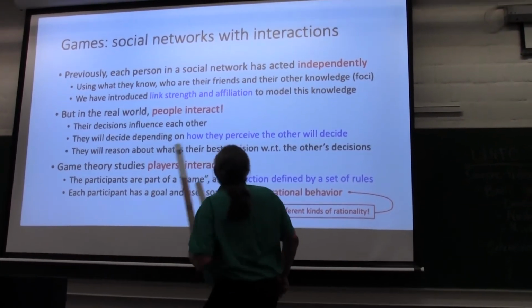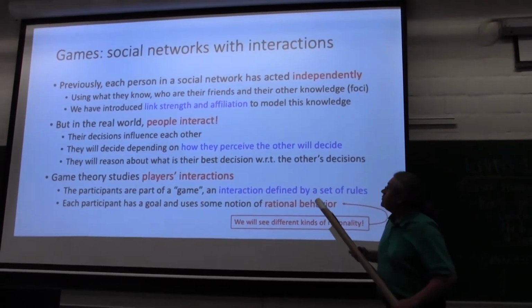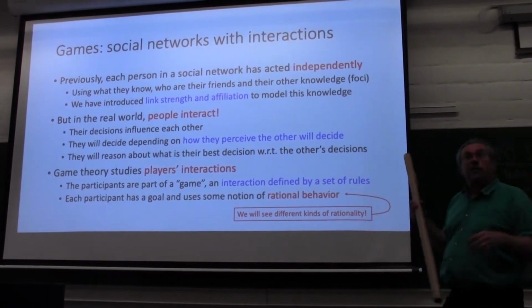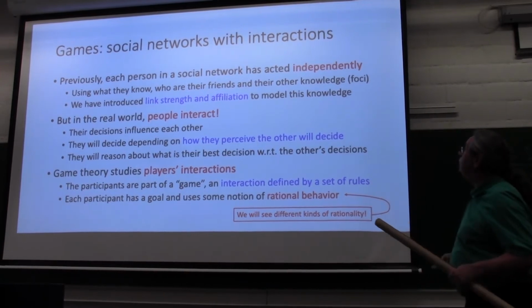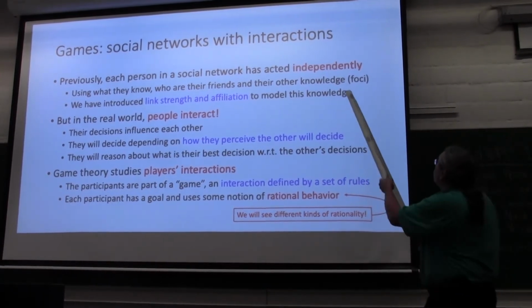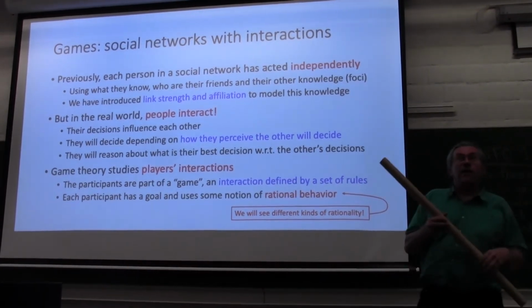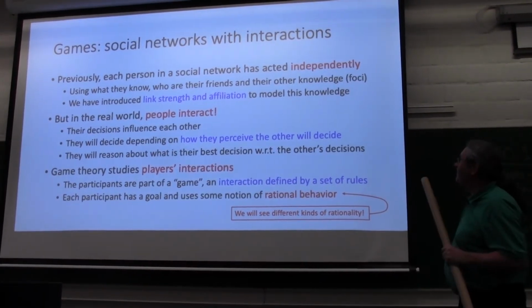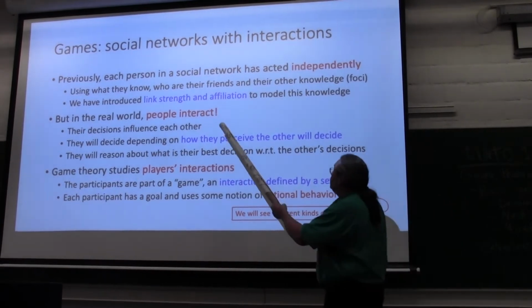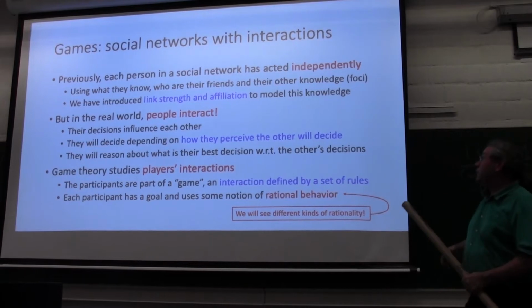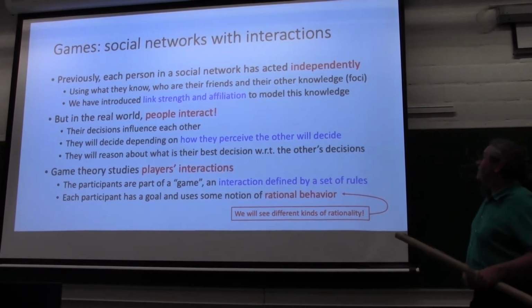Okay, so social network interactions. So previously the people were just friends and they just do their stuff. We have triadic closure, strength, affiliation, why they become friends. But they don't really interact. In the real world, people interact. And game theory is the first step to understand that.